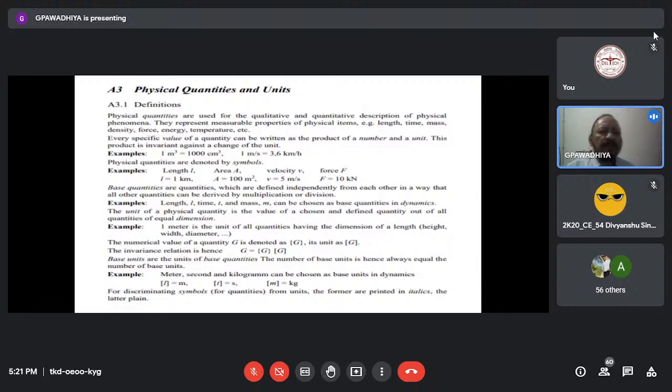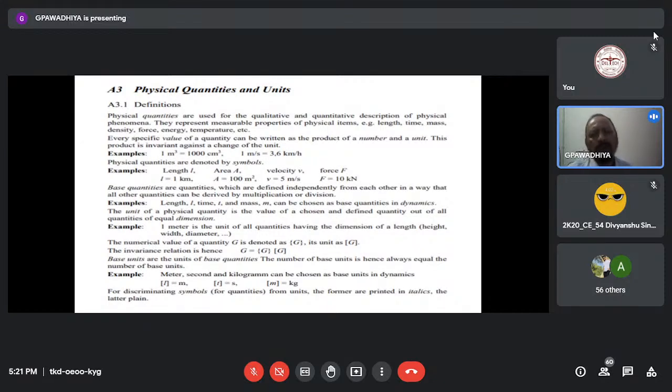Physical quantities and units. As we all know, physical quantities have a qualitative and quantitative description, and they represent measurable properties of physical items such as length, time, mass, density, force, energy, temperature, etc. Every specific value of a quantity can be written as the product of a number and a unit.